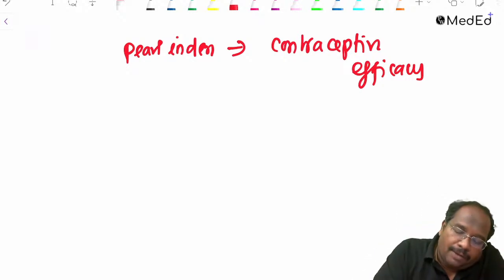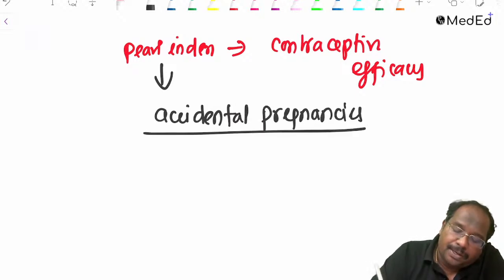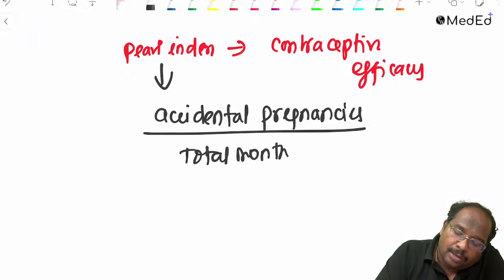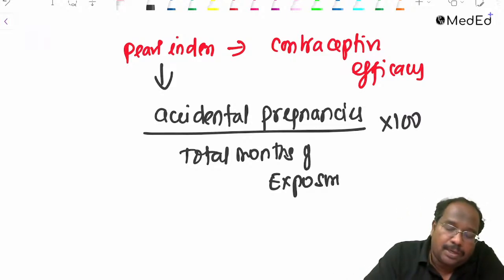So what is the formula for Pearl Index? Accidental pregnancies by total months of exposure multiplied by 1200.